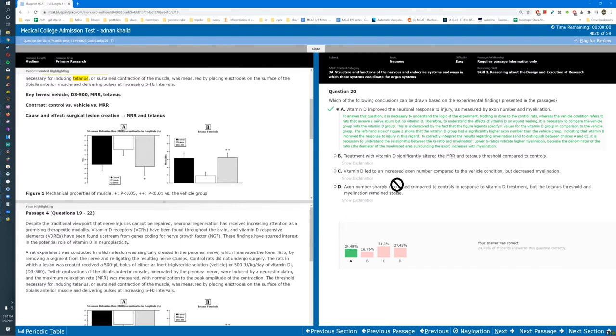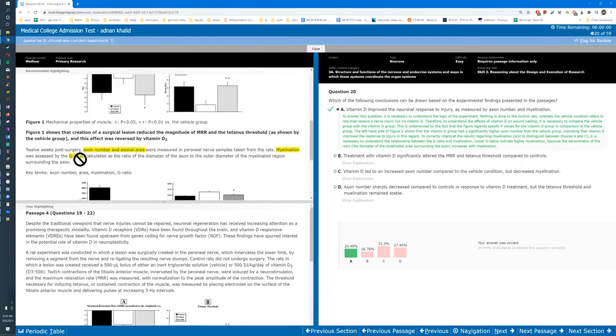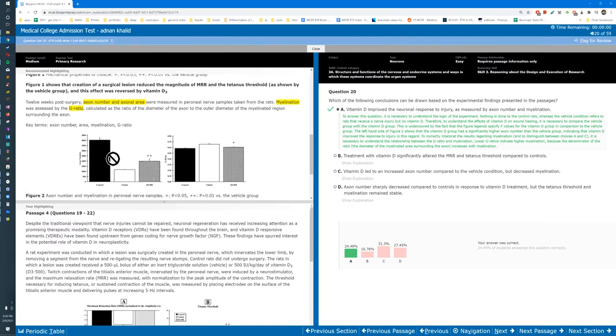And this is an easy one to mess up if you mess up the definition of the G ratio. So this is very easy to pick. And then this one: axon number sharply decreased compared to controls. No, not at all. Axon number is super high compared to the control.